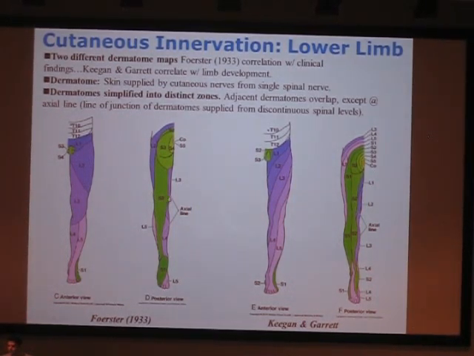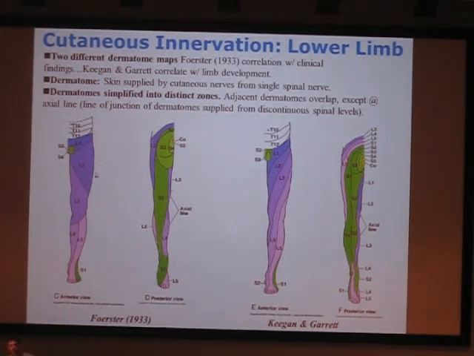That overlap does not occur as much when you're looking at an axial line, which is basically a division on the skin that corresponds to a different plexus, like the sacral plexus versus a lumbar plexus. There, the nerves might not integrate as readily, and so on these axial lines, we have a much finer division of innervation. And here they're just showing you different types of dermatome maps.